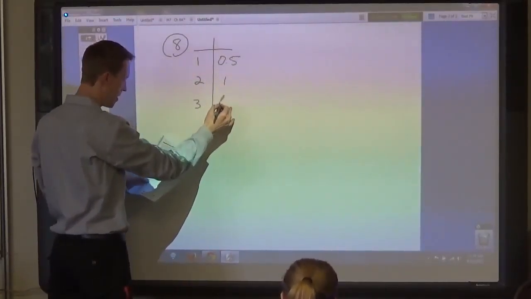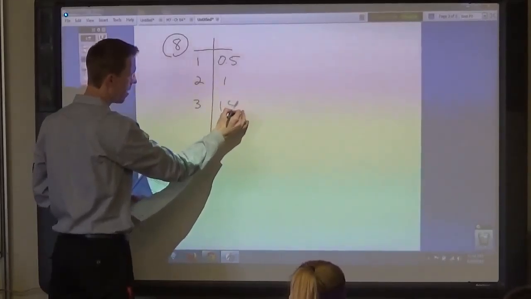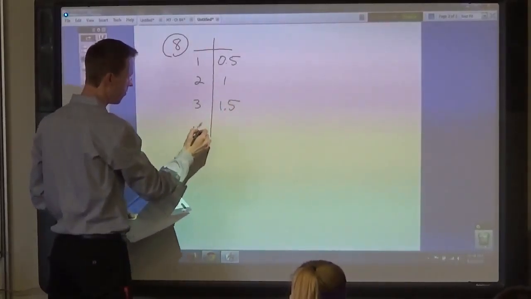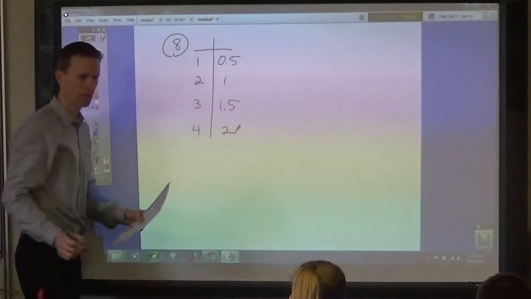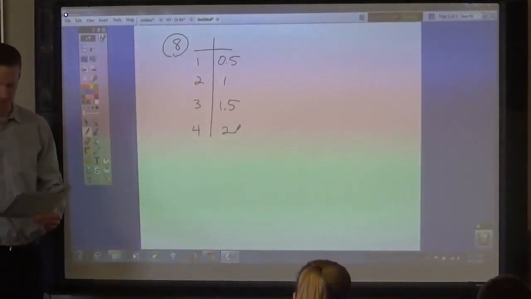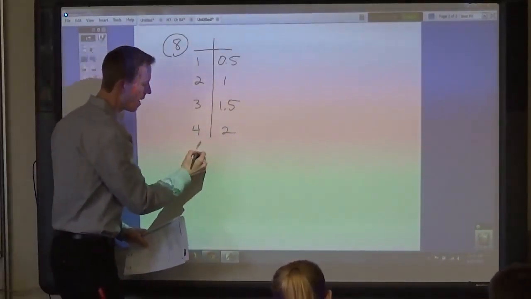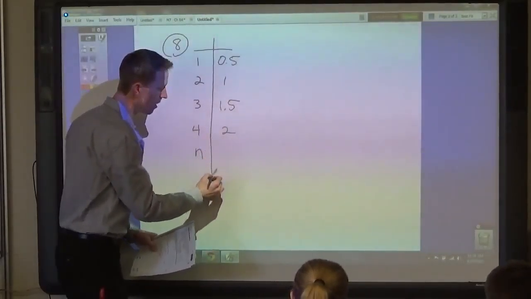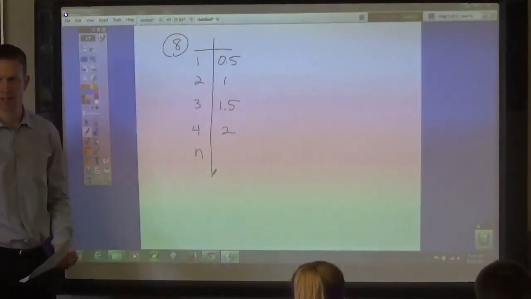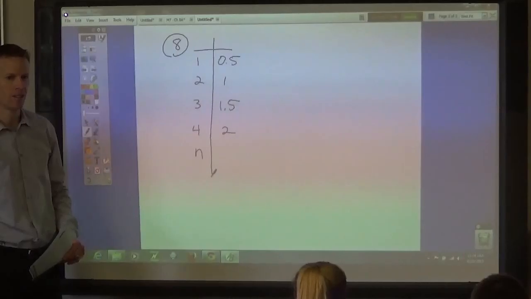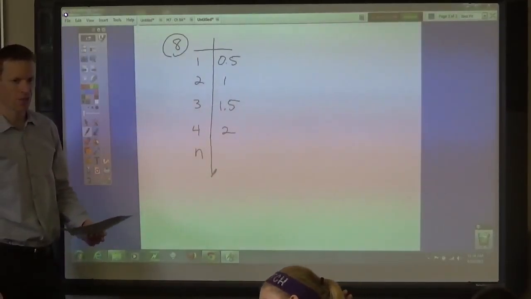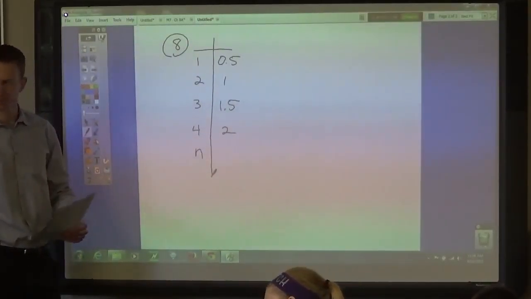The third term is 1.5. The fourth term is 2. Then it says the nth term, so we're going to have to find the nth term.